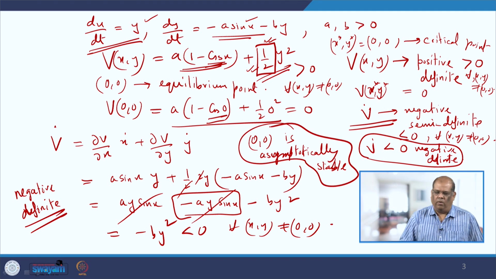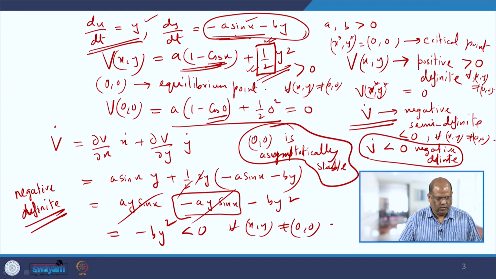So, this is one particular example where we have a non-algebraic term, mainly the trigonometric term as sin x. Let us move to the next example.